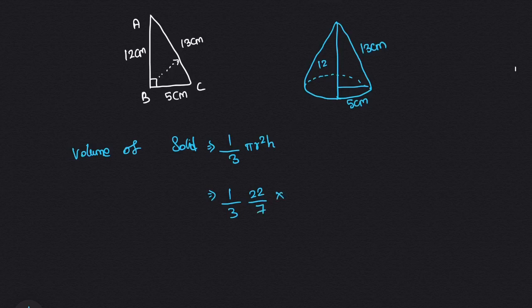The r value is 5, so 5 squared, then h is equal to 12. After cancelling, it will be 4 times, then after simplifying, the final value is equal to 314 centimeter cube.